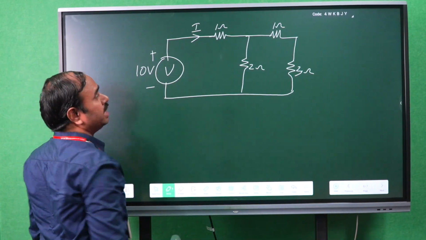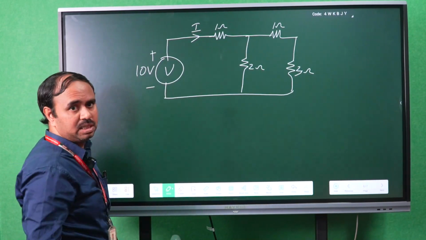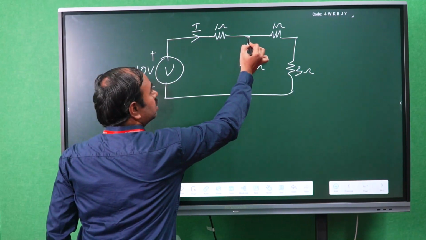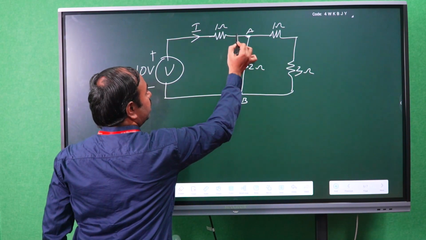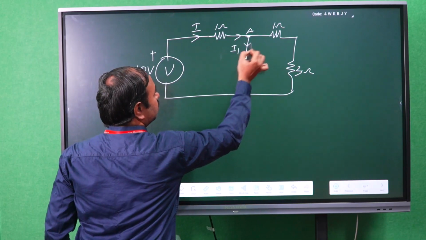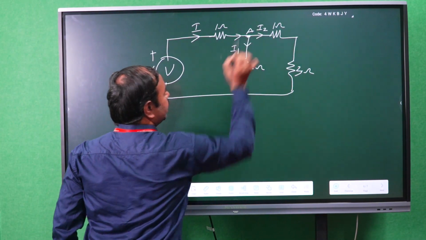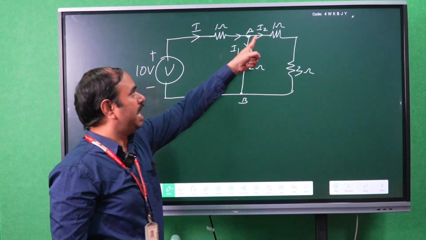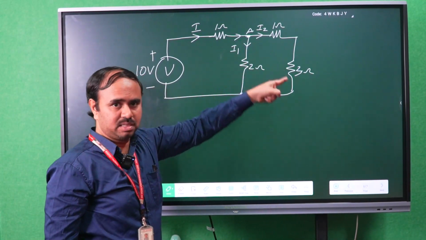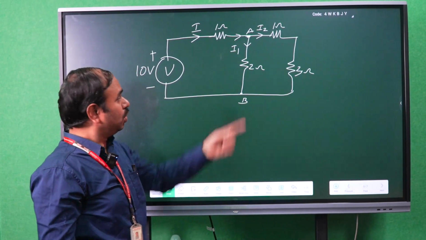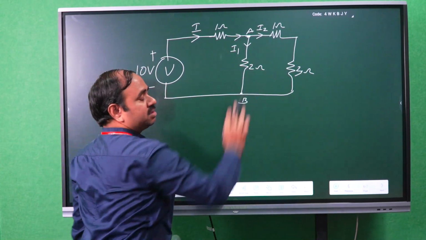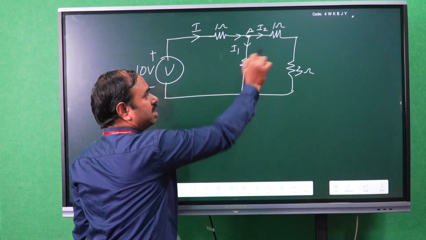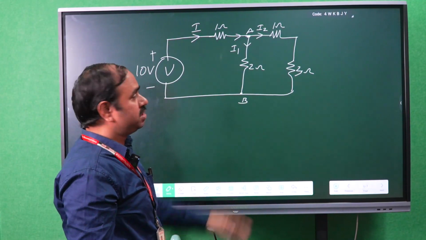The total current I is flowing initially, and at node A the current is dividing as I1 and I2. The same I2 current is flowing in these two resistances. That means we have to add these two resistances. So 1 plus 3 becomes 4, because it is a series circuit.